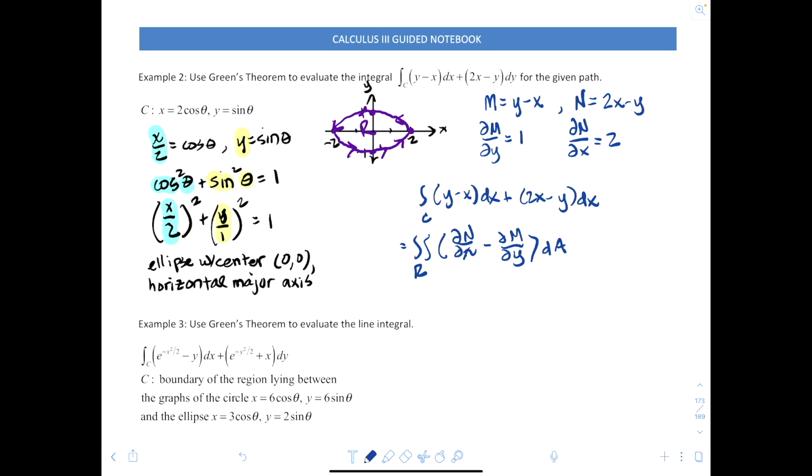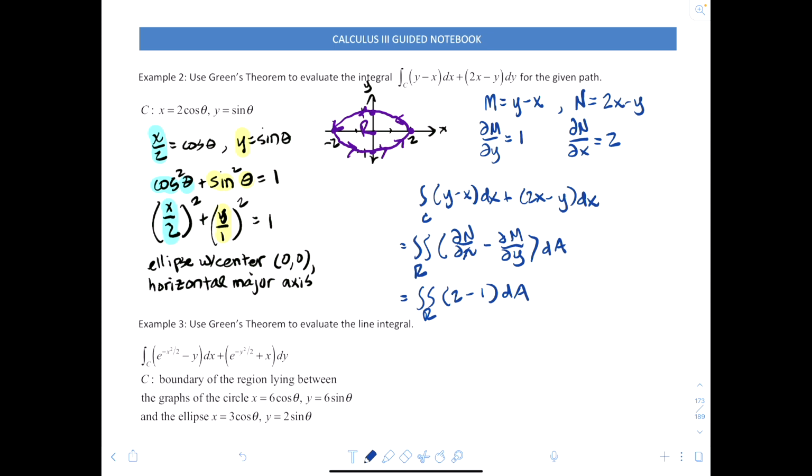Well, this part is just equal to 1, right? So that would equal the integral over this region of 2 minus 1 dA. Cool so far? Which is just 1 dA.